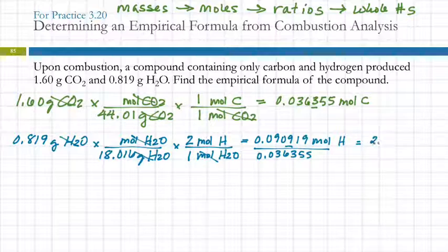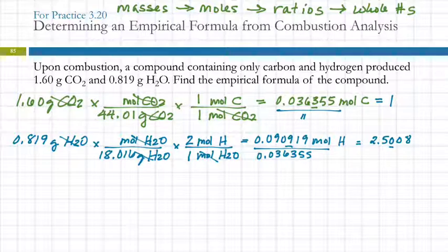And that gives me 2.500. Is that a nice whole number? No. This other one, we're dividing by itself, and so that one's going to be 1. Something is always going to come out to be exactly 1 because you're dividing it by itself.